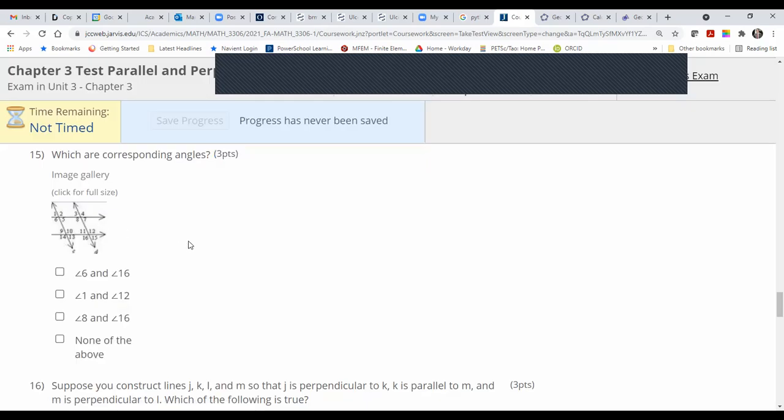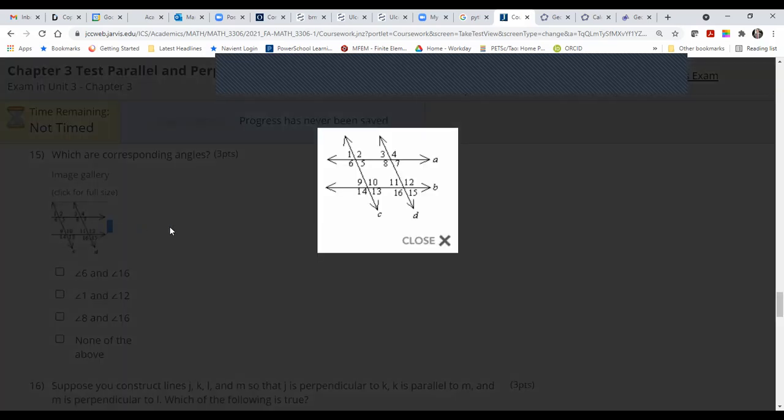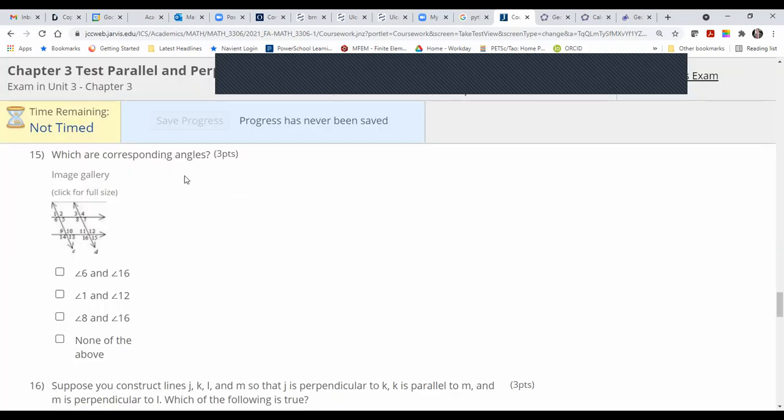I think it's only one answer, I think. 6 to 16, or 1 to 12, or 8 to 16, or none of the above. Okay. So you have to be careful. Okay. So you need to go back to the determination of the corresponding angles. Okay.